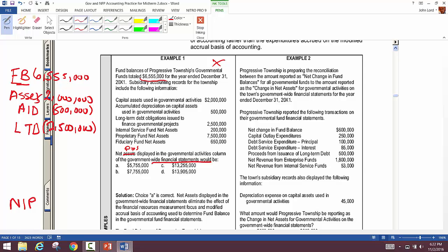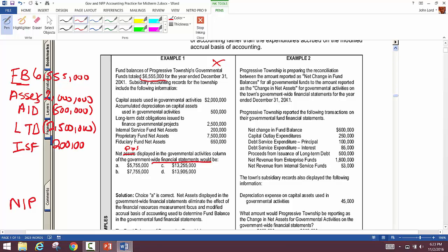What do you want me to do with that? I need to add that internal service fund net assets because we just take them as they are because they're using full accrual accounting, but we have to add them into my fund balance because it's a proprietary fund at the individual fund level. It's a governmental activity at the government-wide level, right? So I go ahead and I add that in. What's that? 200,000?